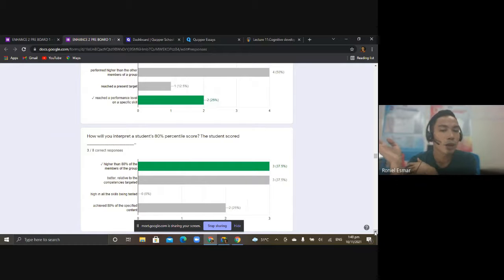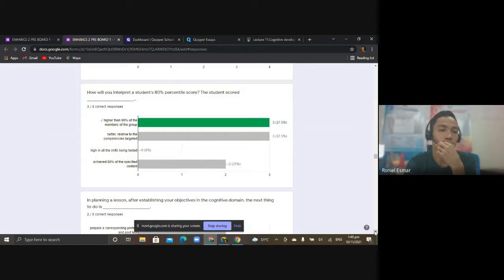Say for example, if it's only a 70% percentile score, it means 30% of the entire population of the class got the same score or a greater score than his or hers. So that's how you interpret a percentile score. That's why the answer for this item is letter A, number one.